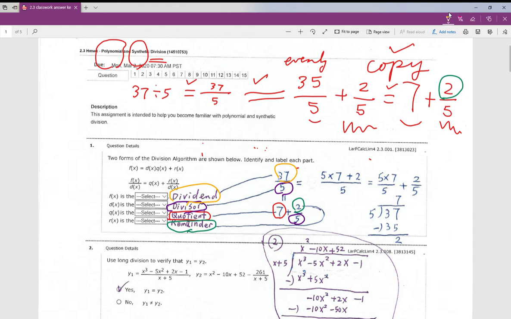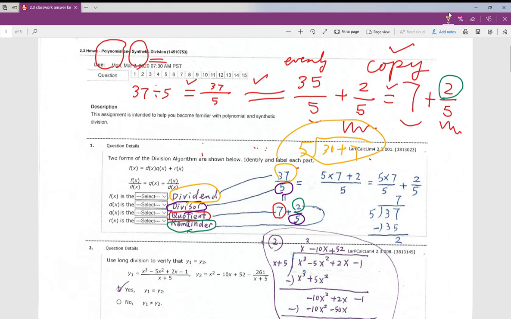Now for the real number, 37 means 30 plus 7. And when you divide by 5, we don't do it this way. You just use 37 and choose the biggest possible quotient.